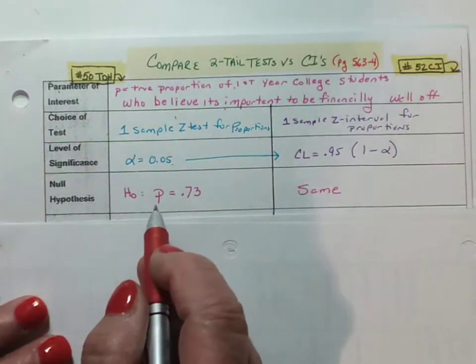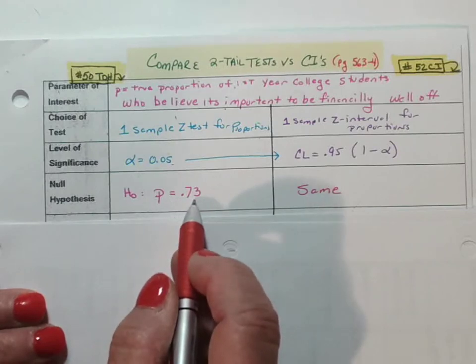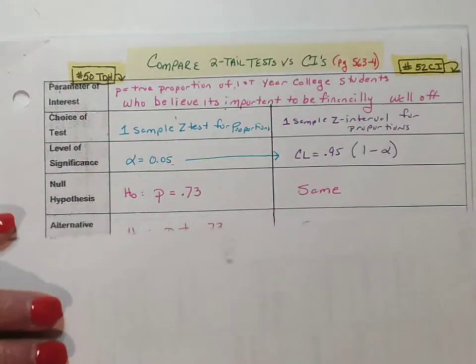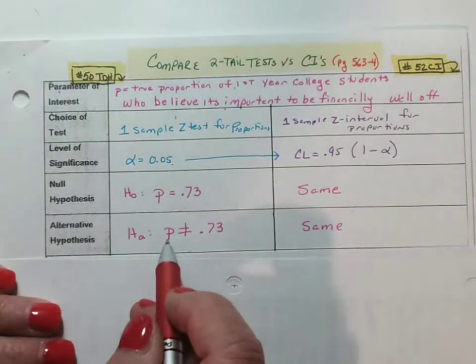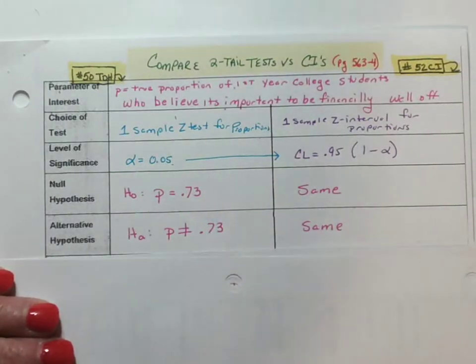The null hypothesis is P is equal to 0.73, and the alternative hypothesis is that P is different than, or not equal to, 0.73.